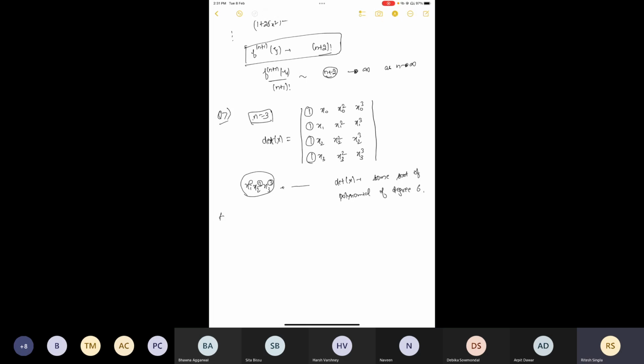Okay. So try to substitute x naught equal to x1 in here, in star.